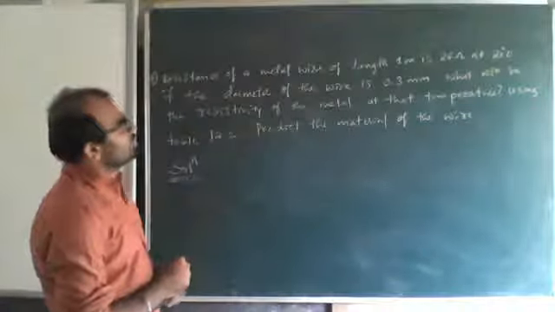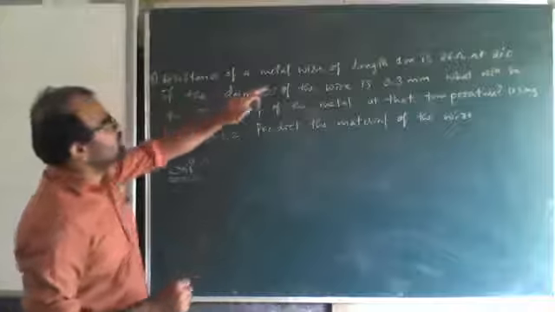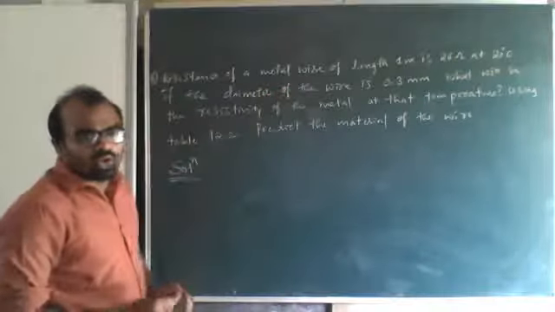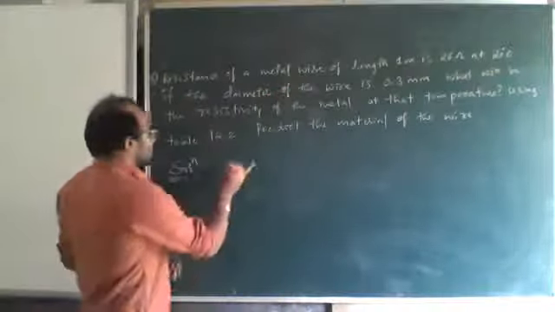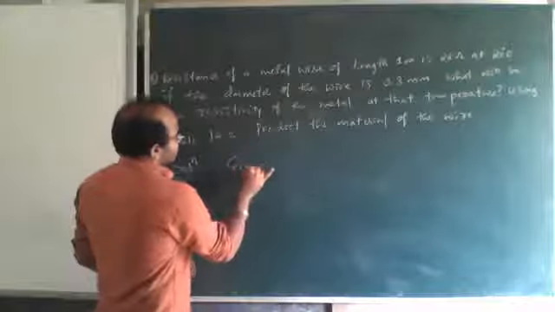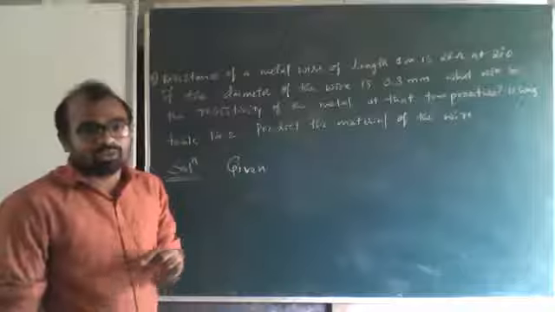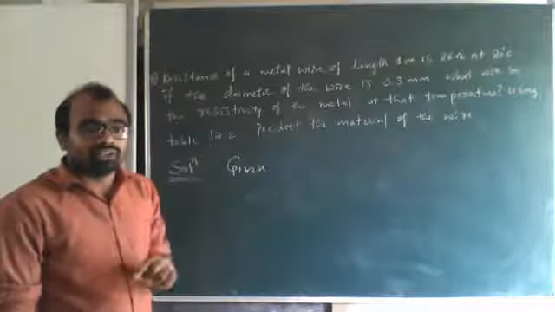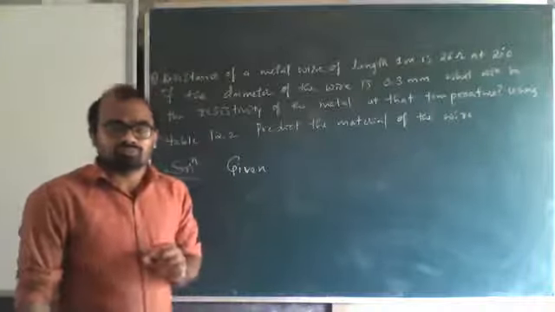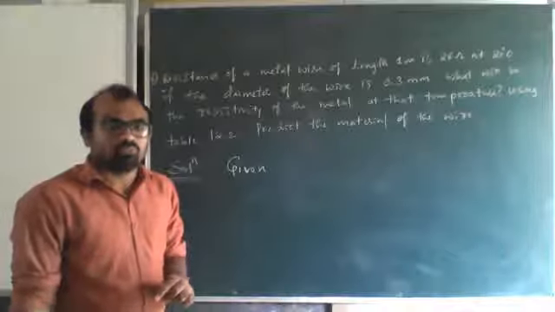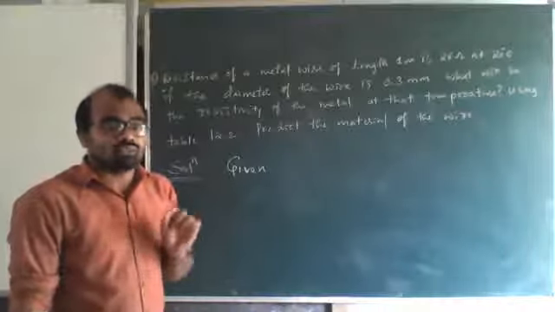So what is the solution? Resistance of a metal wire of length 1 meter. What they have given has to be written first. This is the first and most important thing to be written while solving the problem. Please write down what is given.